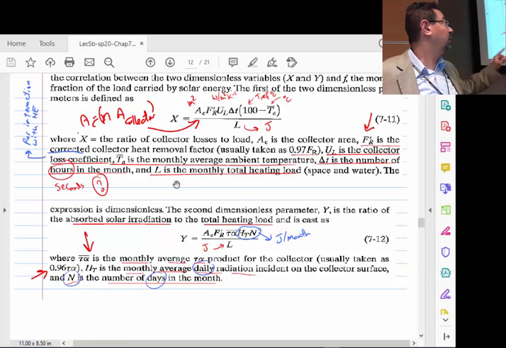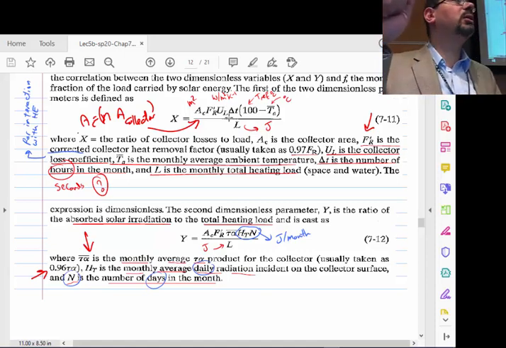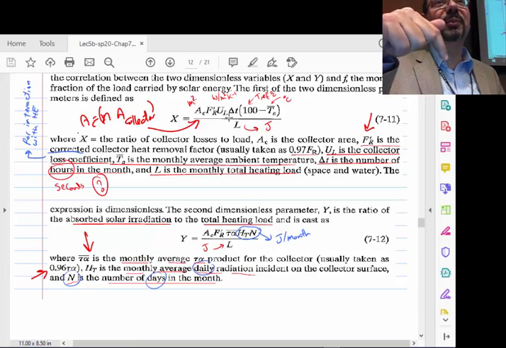Okay, but the trick here is, you turn the U in watt per meter square, sorry, watt, into joule per hour, because usually they will give it to you in what? In BTU per hour. So then you multiply by the hour.